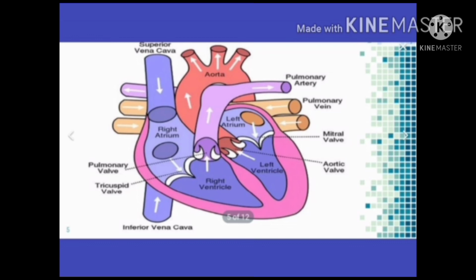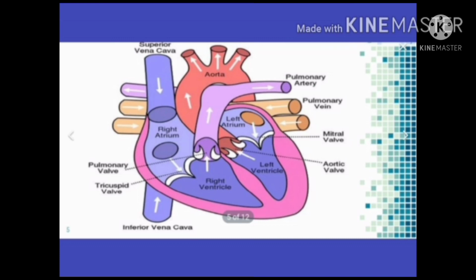It is also supported by chordae tendineae. Right ventricle opens into a pulmonary arch. The opening is guarded by a pulmonary valve. Left ventricle opens into aorta with a semilunar aortic valve being present between the two.